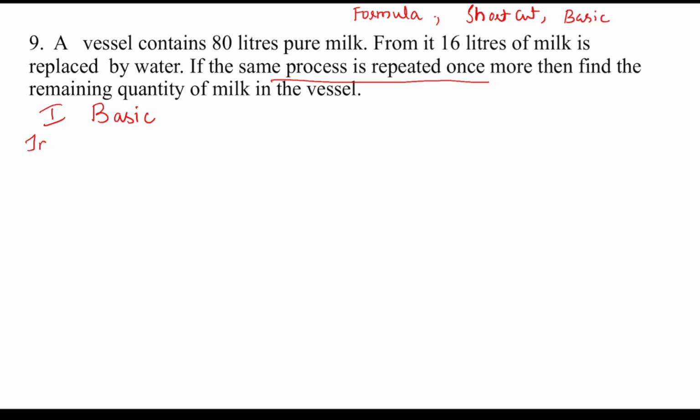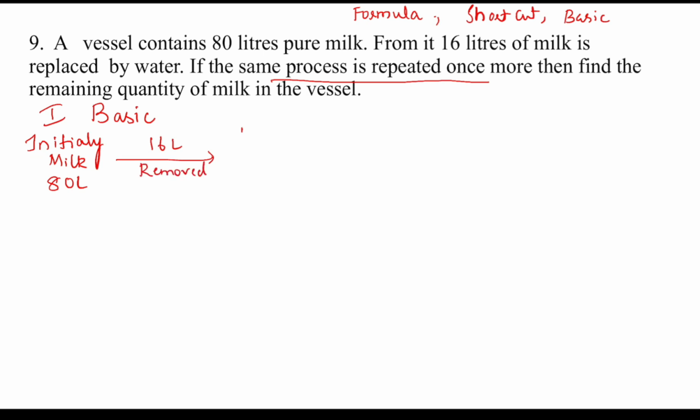Initially, milk was how much? The initial vessel contains 80 liters of pure milk. Then 16 liters of milk is replaced by water, meaning 16 liters of milk is removed.